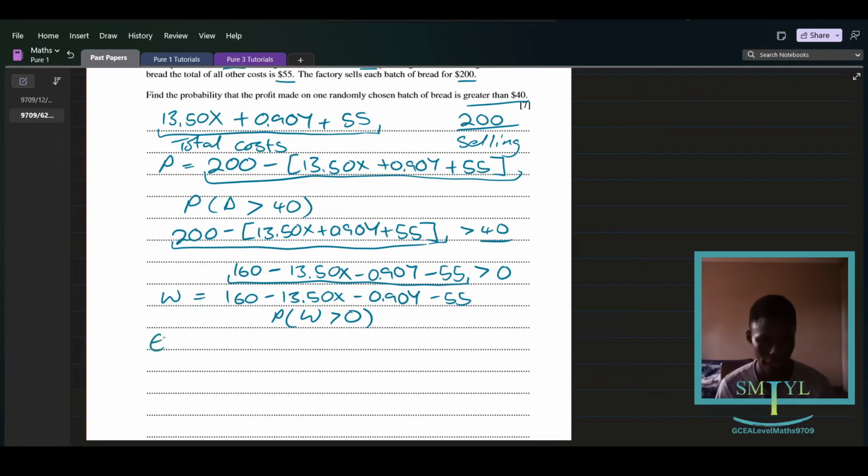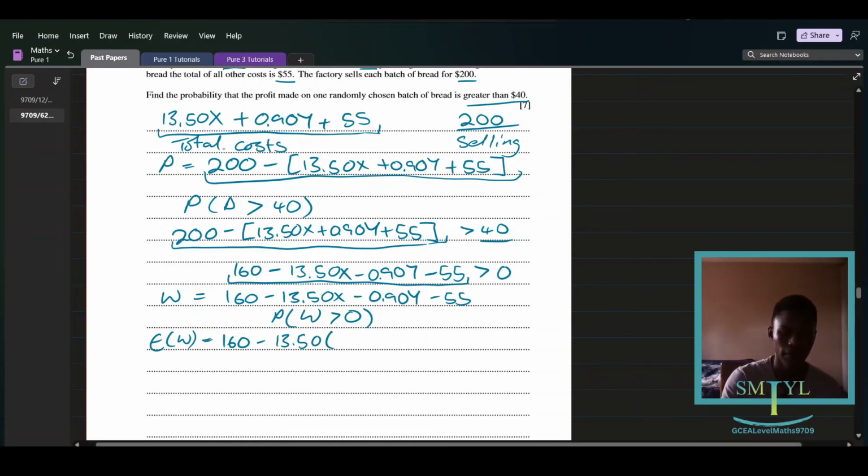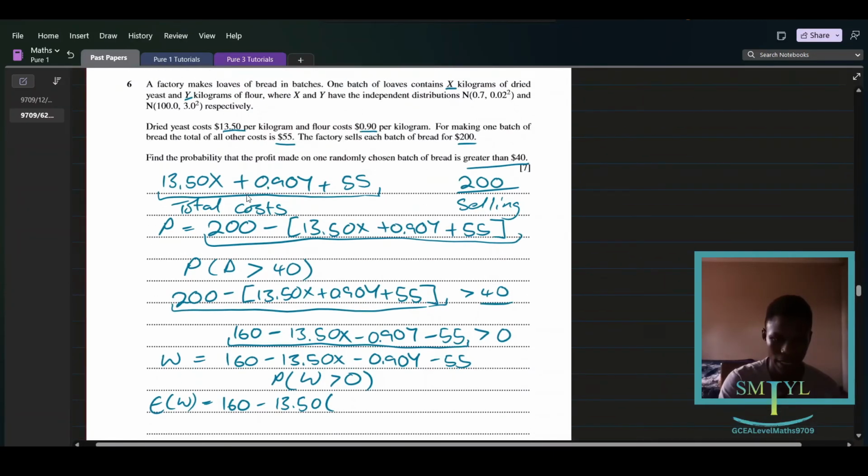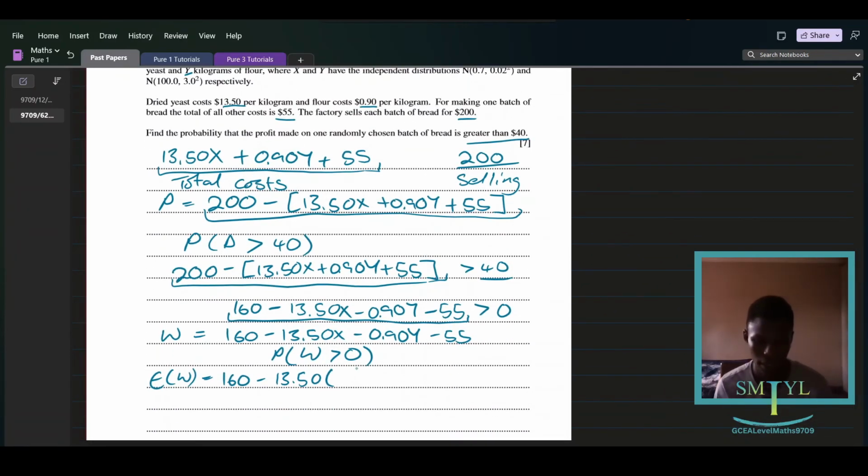So let's find our expectation for W. Our expectation will be 160 minus 13.50 times the mean of X, which is 0.7, minus 0.90 times the mean of Y, which is 100, and then minus 55.